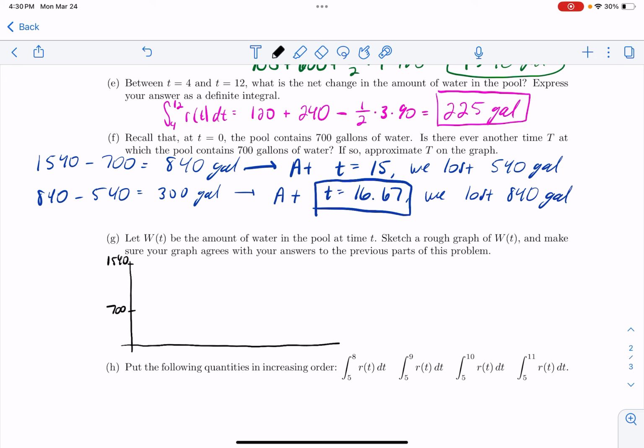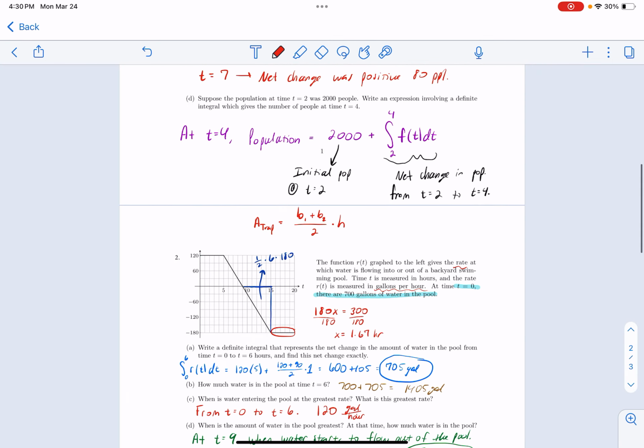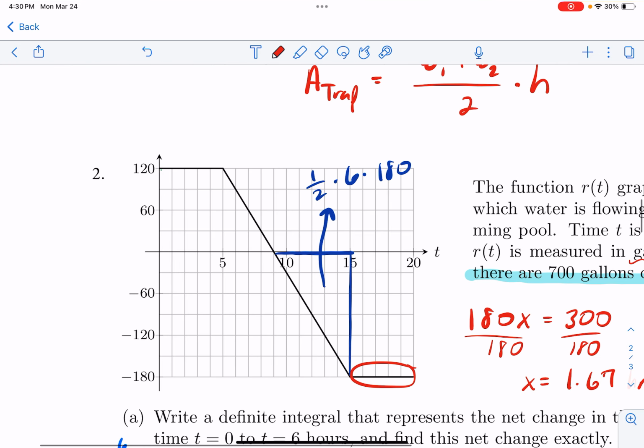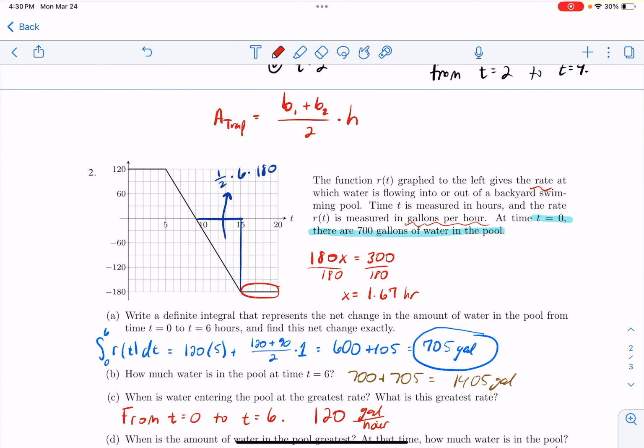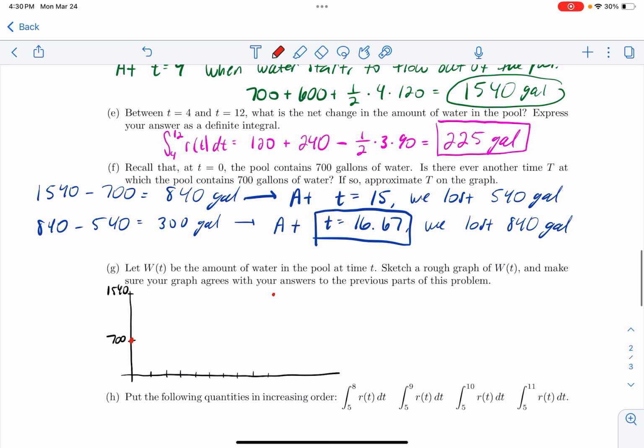We know that that happens at 9, so let's say that this is 1, 2, 3, 4, 5, 6, 7, 8, 9. So at 9, we're at 1,540. At 0, we're at 700. Looking at this graph, this is our derivative graph, and we know that this is going to be increasing everywhere from 0 to 9, and from 5 to 9, it's going to be concave down because the derivative of that is negative.